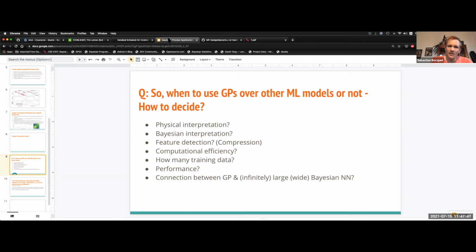Also, as a reaction to a lot of criticism about emulators, at least for the halo mass function, people are like, shouldn't you try and understand exactly the collapse model and everything that's going on?